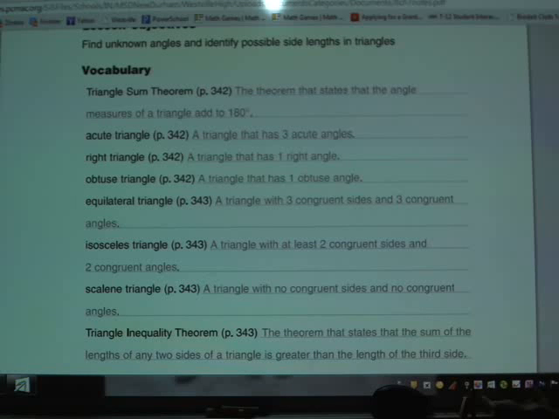So what they're saying there is pick any two sides of the triangle you want and put them together. When I add those two together, it has to be bigger than the number I left out. If it's not, you don't really have a triangle.